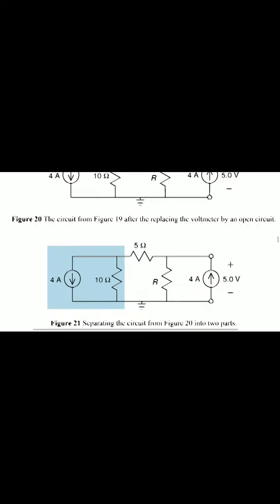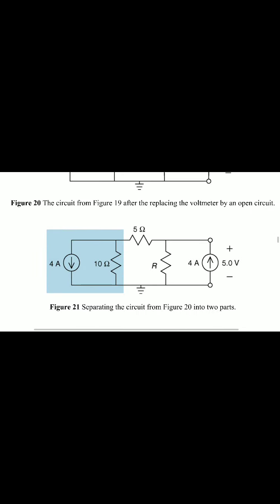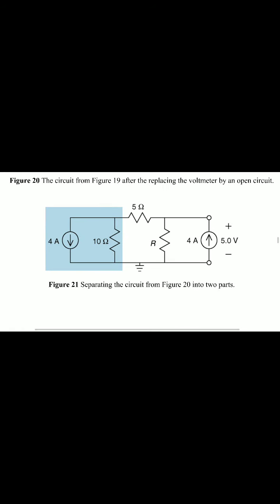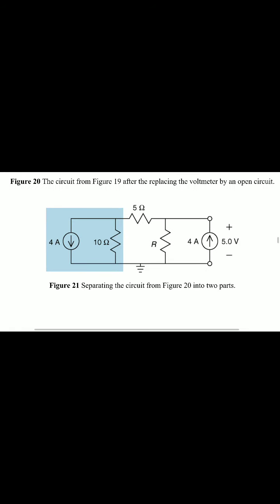Figure 20, the circuit from figure 19 after replacing the voltmeter by an open circuit: 4 amps, 10 ohms.